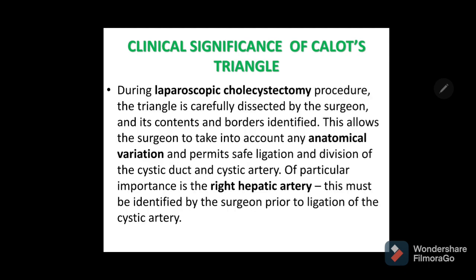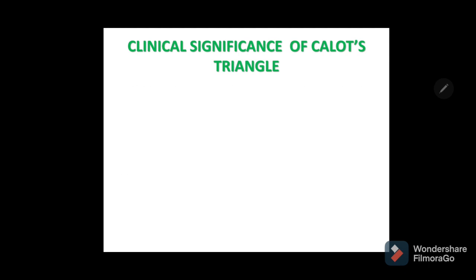The clinical significance, why it is important here, because during laparoscopic cholecystectomy procedure, the triangle is carefully located by identifying the cystic duct and common hepatic duct, and search for any anatomical variation. And this cystohepatic triangle or Calot's triangle is used for the safe ligation and division of cystic duct and cystic artery.